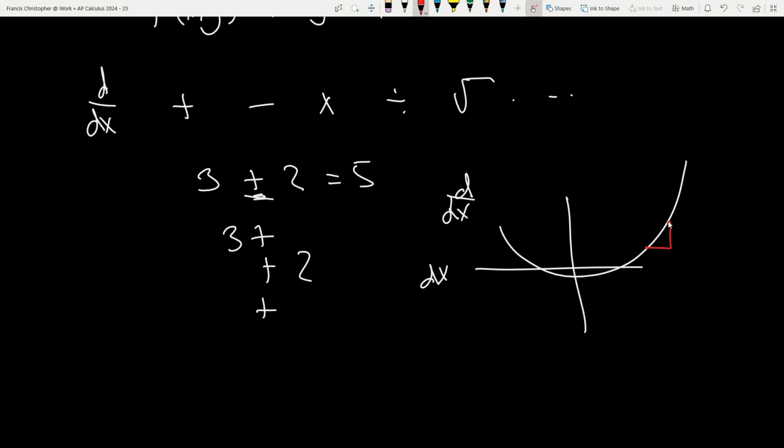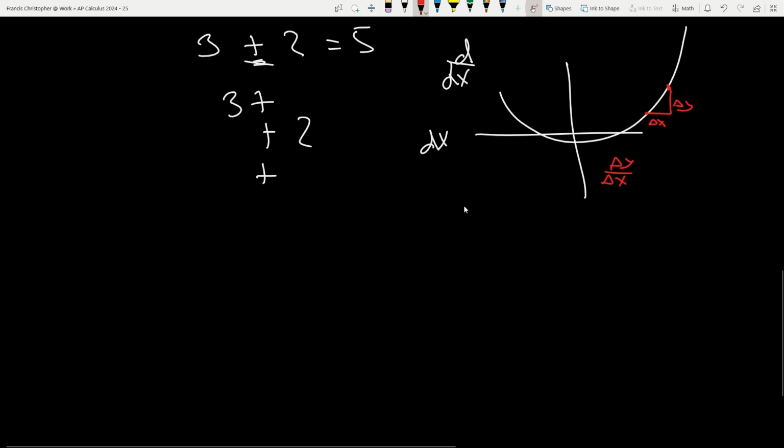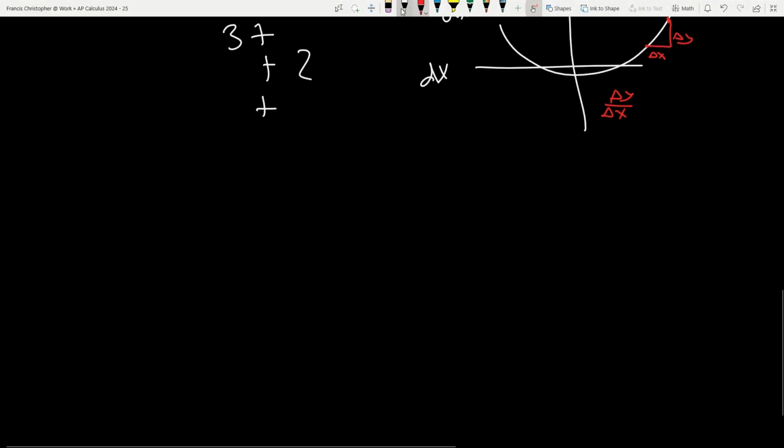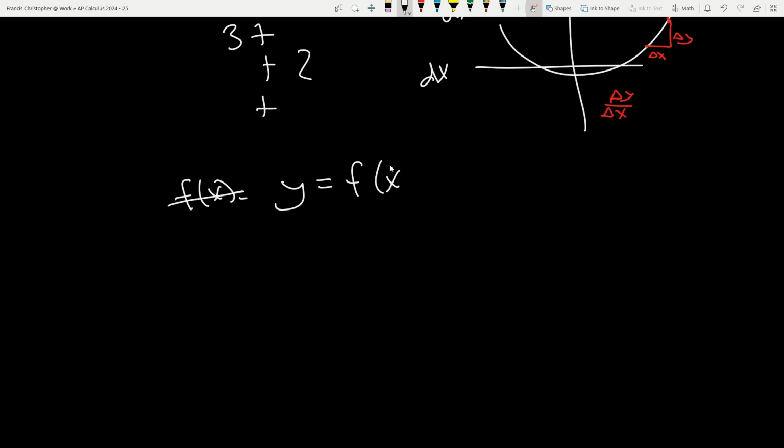Remember what dx represented. It represented the infinitesimally small change in x, and then later on we'll talk about the change in y. So the change in y and the change in x. The derivative operator is what we've been using to solve, for example, y equals f of x.